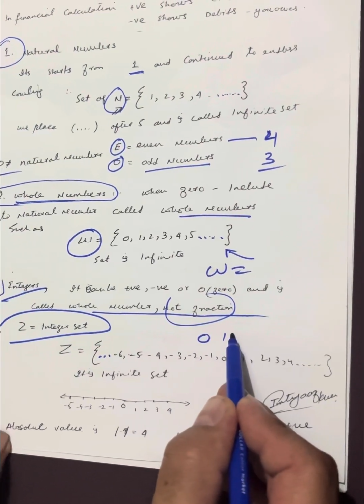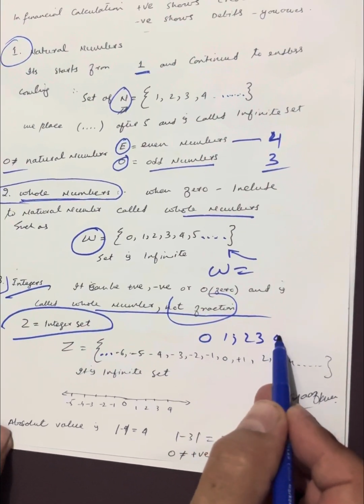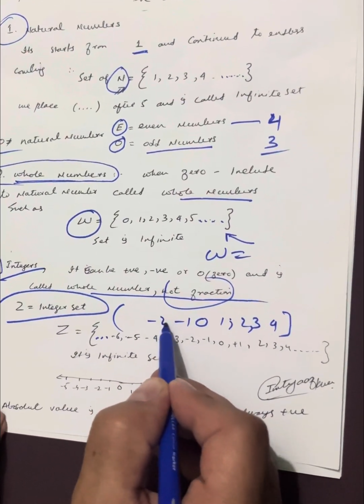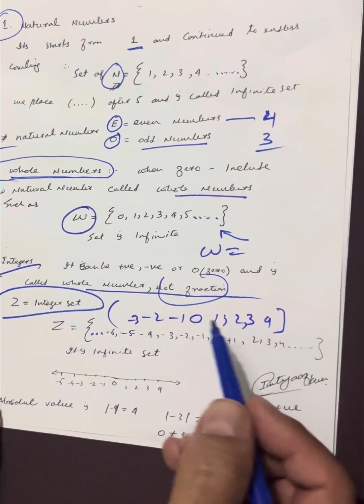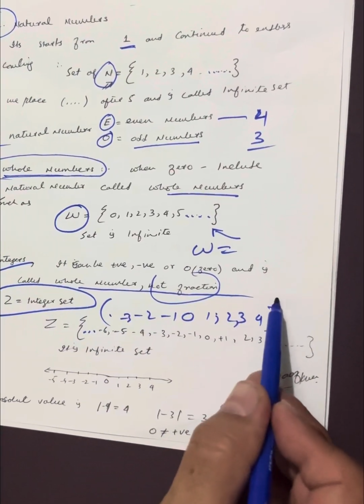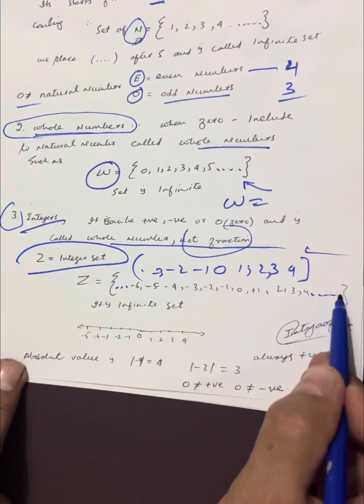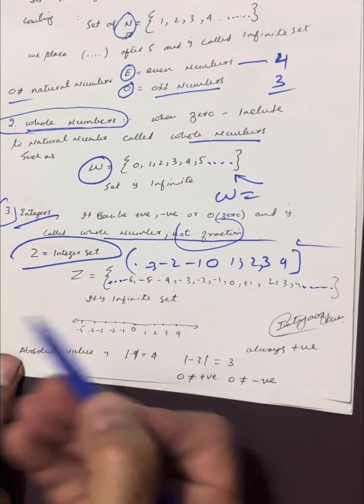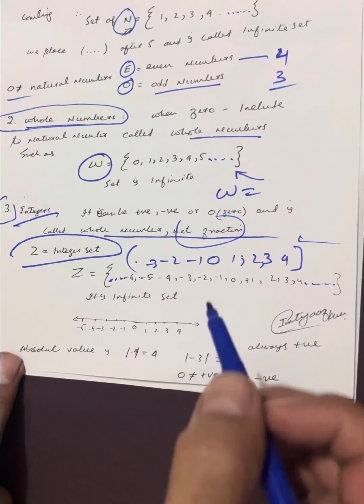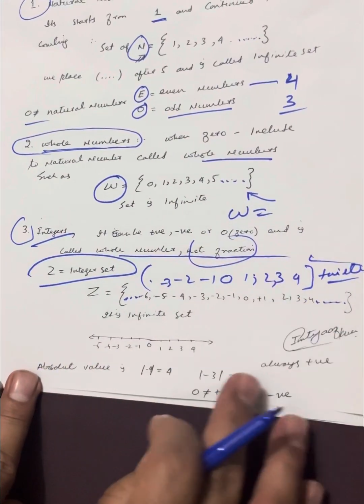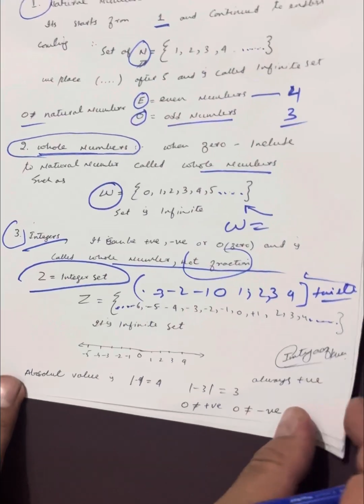Or simply a set of 1, 2, 3, 4 and -1, -2, -3. You can stop it, and this is also a set. But when you put the dots at the end, it continues, and it's called an infinite set. This one is finite, meaning it's limited.